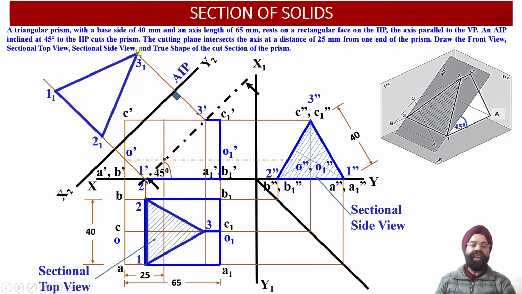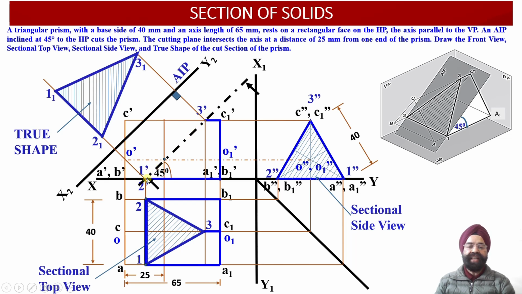If we join all of these 3 points, now we are able to obtain the true shape projections corresponding to this cut section which appears as 1 dash, 2 dash and 3 dash in the elevation view projections over here.